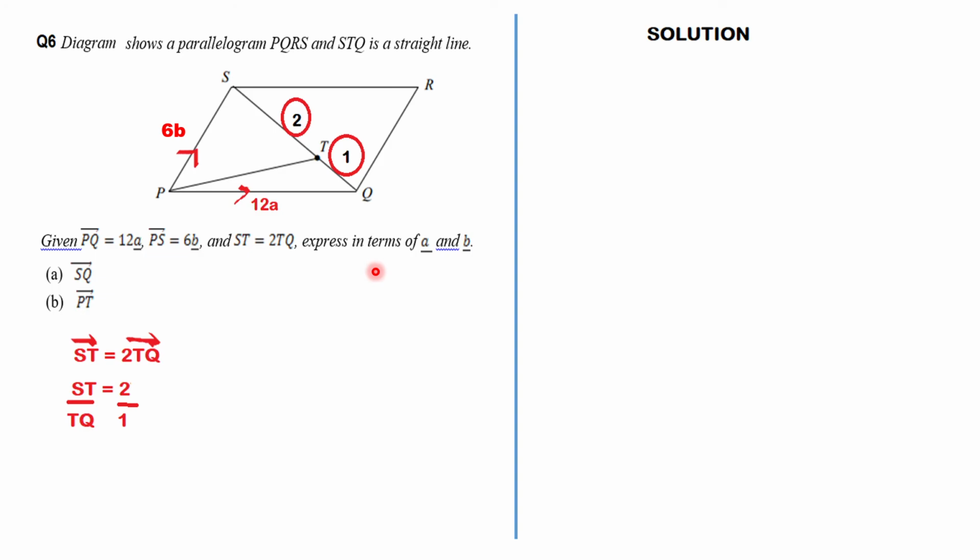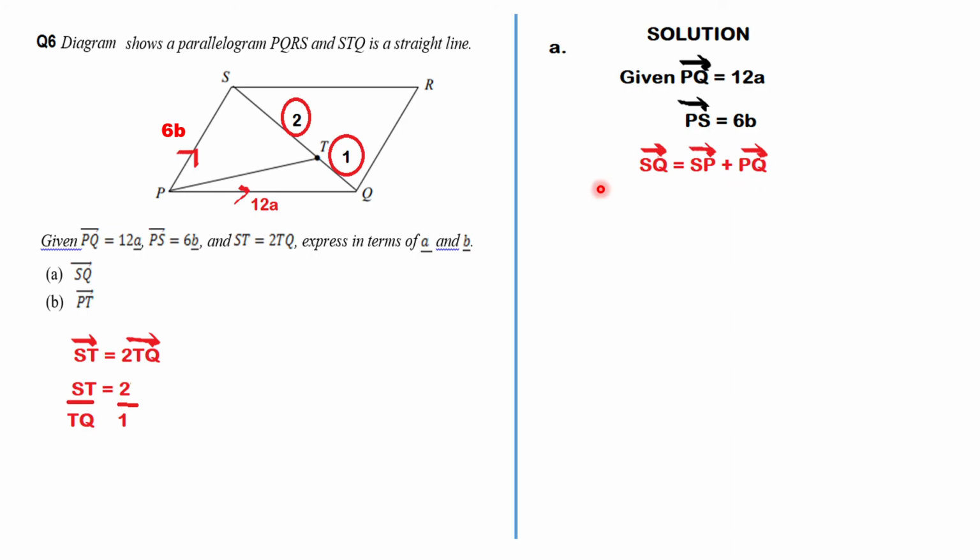So let's start with the question. You are asked to express in terms of vectors a and b the vector SQ. In order to find vector SQ, I'm going to travel from S to P and then from P to Q. Therefore, the equation can be written as SQ equals SP plus PQ.